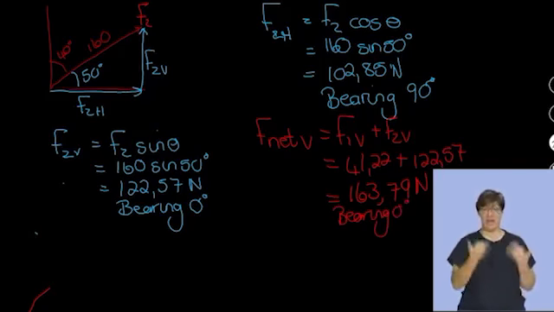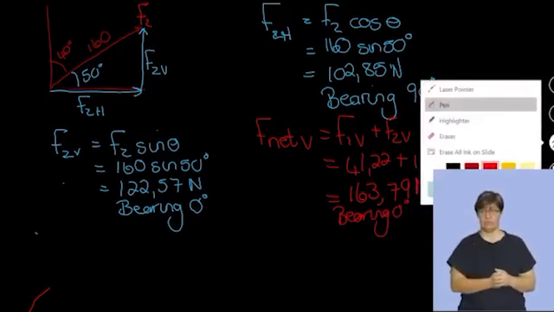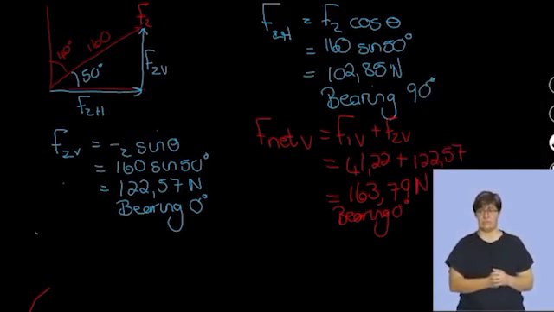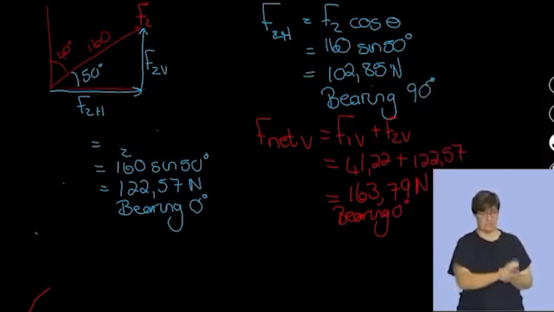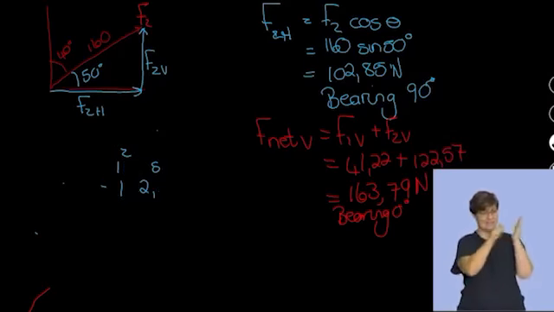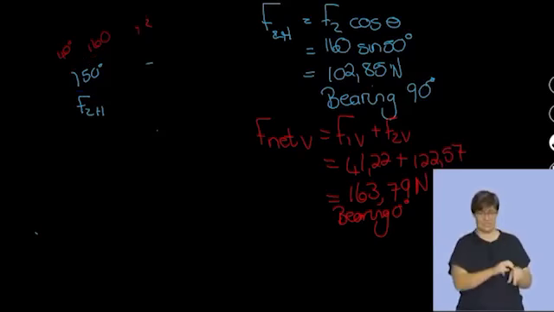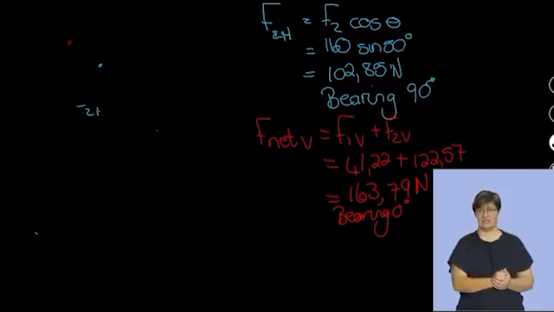Now we need to do the net horizontal. So that I'm going to do now. I don't need this answer anymore. And you doing this all nice and neatly in your notes underneath each other. And we don't need this anymore either, so let's get rid of this. All right.